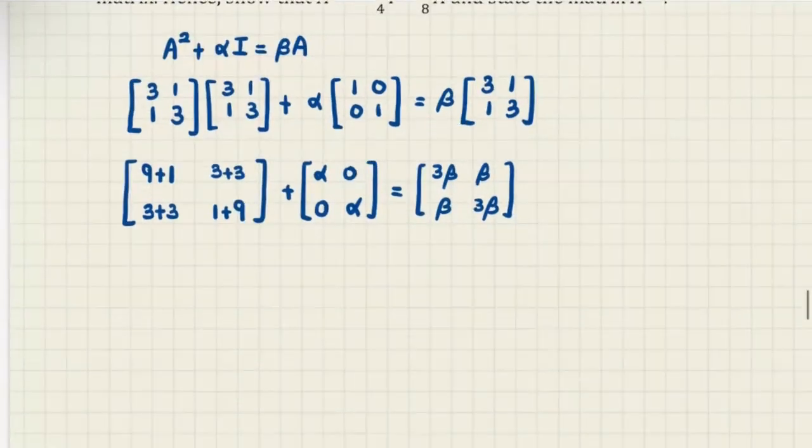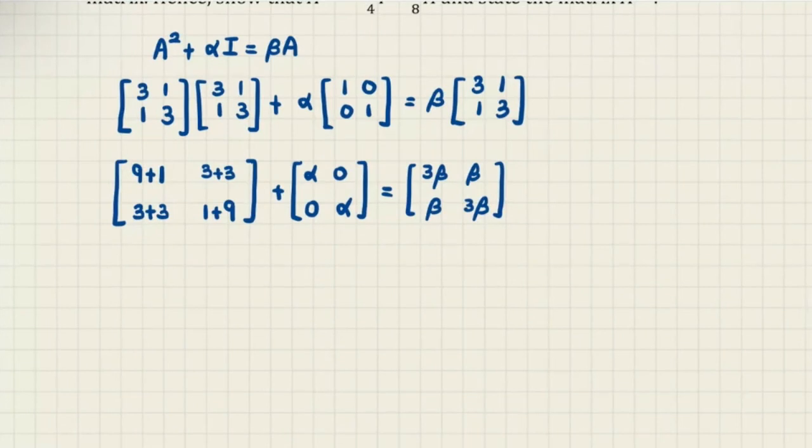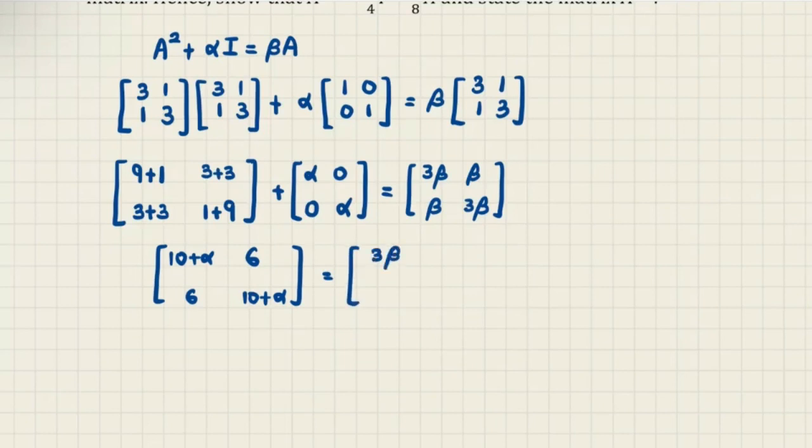So now let's compare our left hand side and right hand side. Okay, so kat sini kita ada apa? 10 tambah alpha and then 9 tambah, bukan 9, 3 tambah 3 adalah 6. And then bawah ni pun 6, sini adalah 10 tambah alpha. Ini akan bersamaan dengan 3 beta, beta, beta, 3 beta.